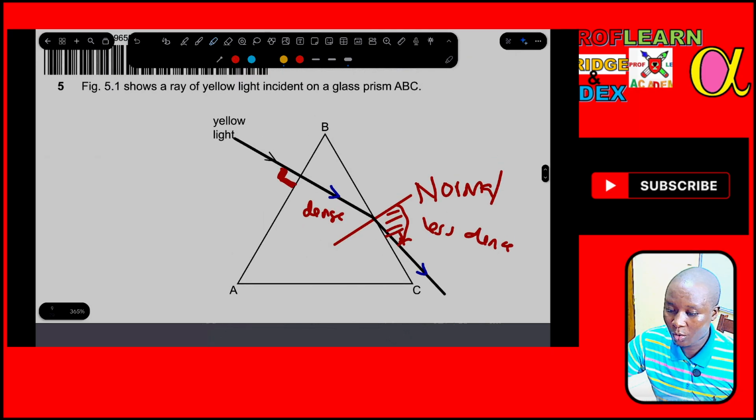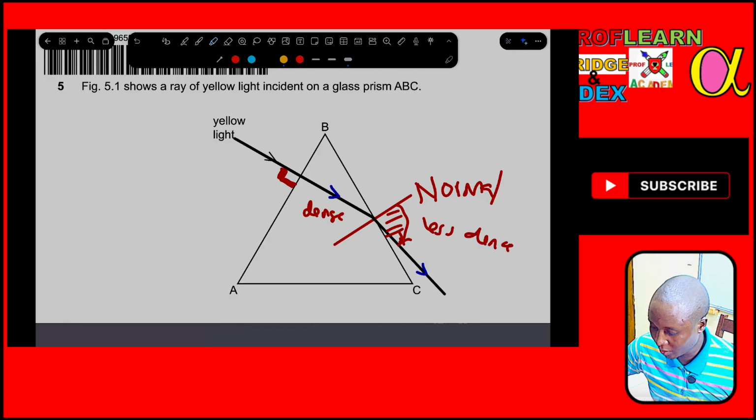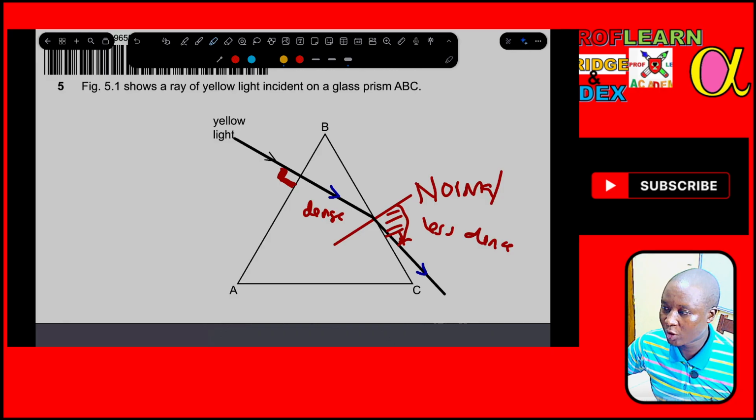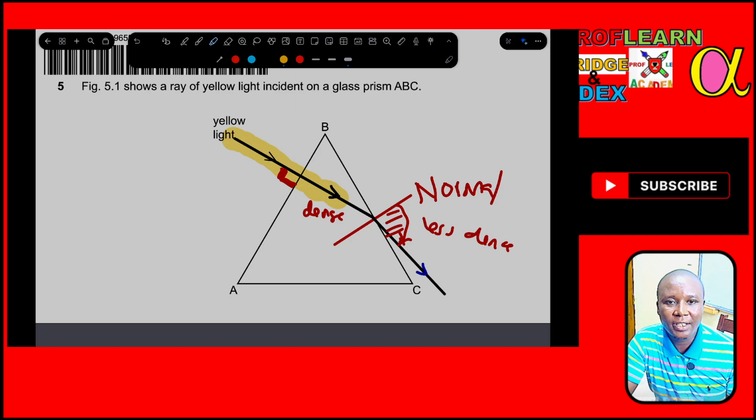There was also a question to do with refraction. In this particular question of refraction, all candidates were asked to explain why the ray, as it enters here, does not undergo any refraction. It does not bend. Why is this ray entering straight?